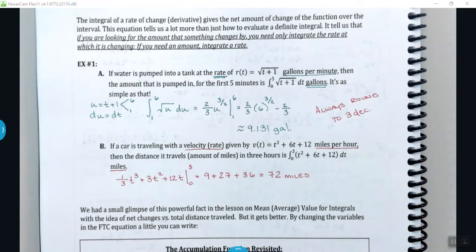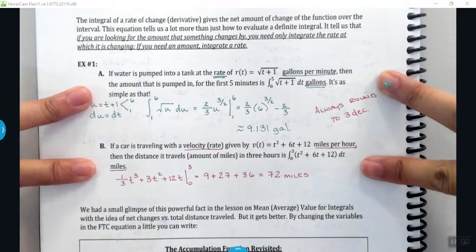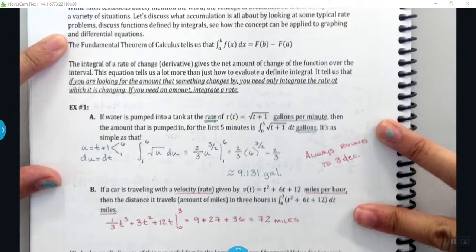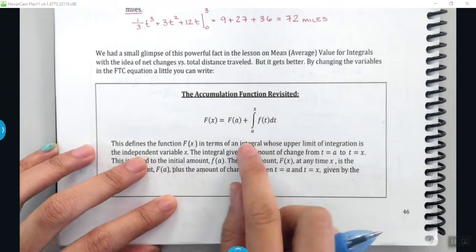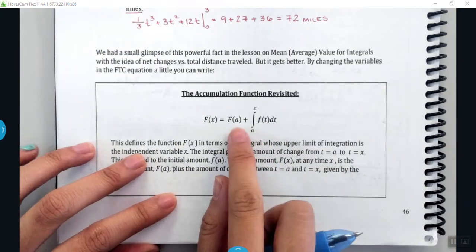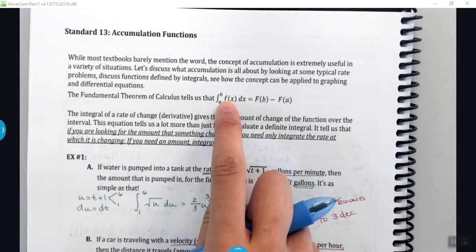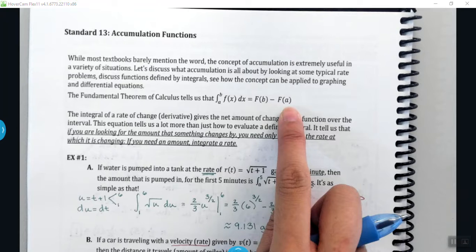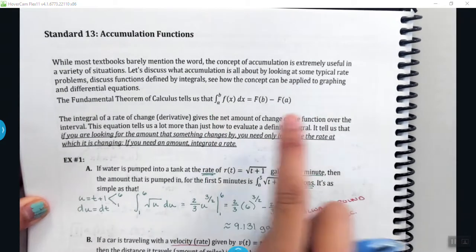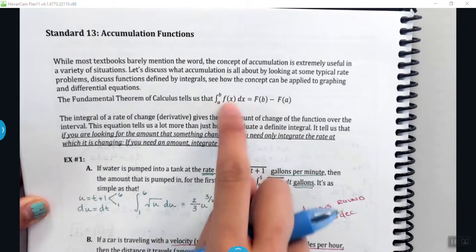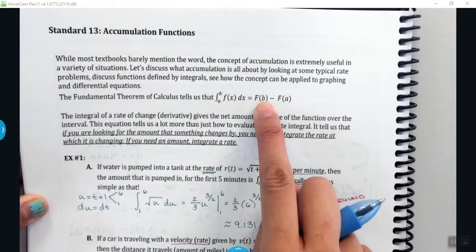All right. Now, once we know these two concepts, we have the fundamental theorem of calculus back up here, but rewritten. This is like the thing where I told you the fundamental theorem is the integral from a to b of f of x dx equals f of b minus f of a. And I said, if you don't know this, you can still use your calculator to integrate it, and if you know one of these values, you can solve for the other one.